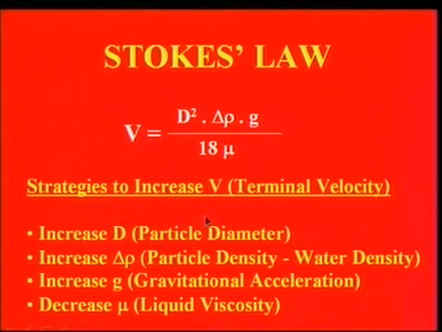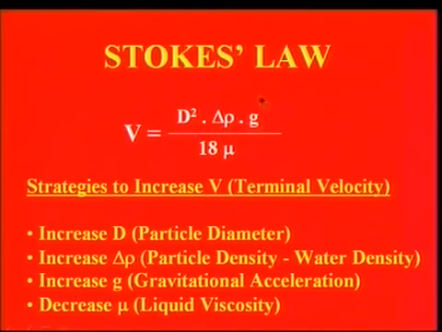So the question is, what alternatives are available to increase the sedimentation velocity? We can increase the diameter of the particle by, for example, some form of agglomeration, or we can densify the particle.